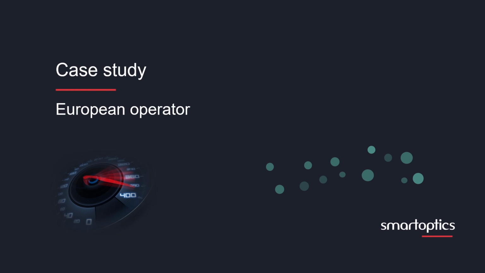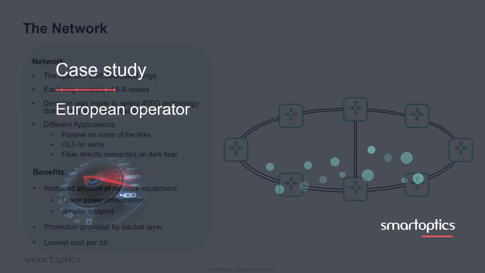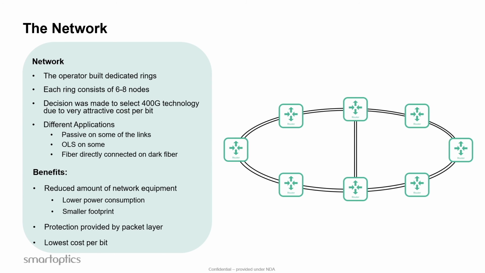My last section here is around a case study for a deployment that we've done with a European operator. In this case, the network that this operator has is built on a number of dedicated rings. I think they at this point have deployed 5 rings. Each ring consists of 6 to 8 nodes.